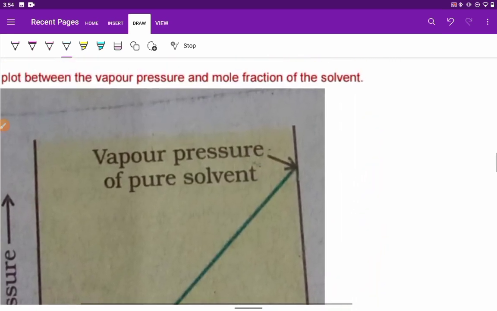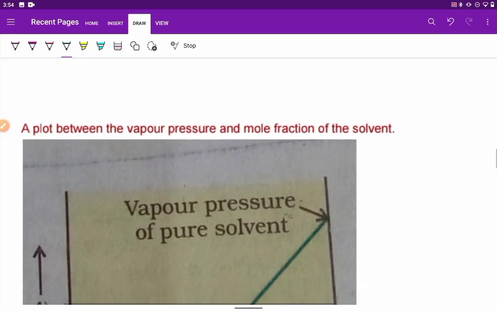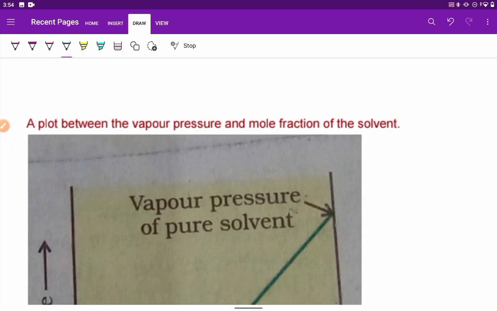A plot between vapor pressure and mole fraction of the solvent is linear.